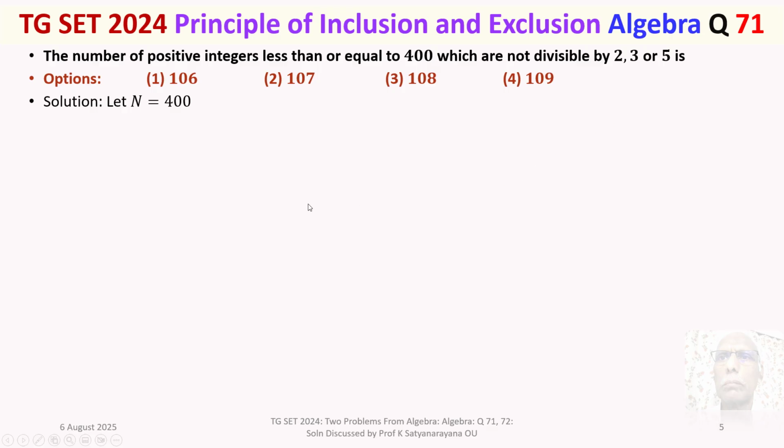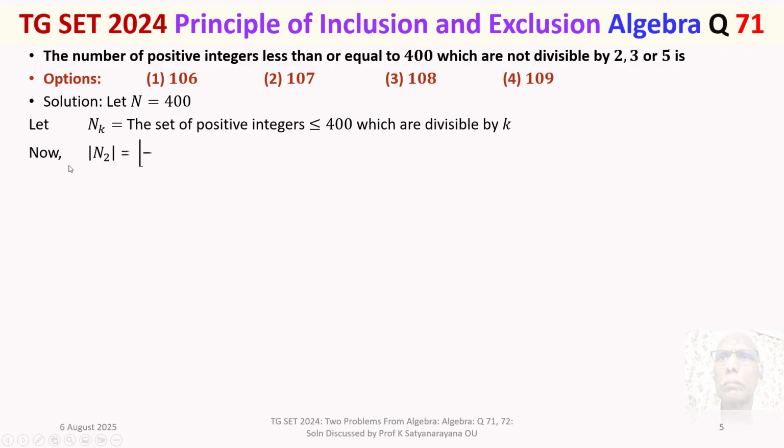Let us take it as N2. In general, let Nk denote the set of positive integers less than or equal to 400 which are divisible by k. Now we talk about k equal to 2.